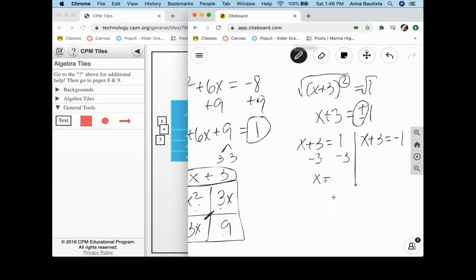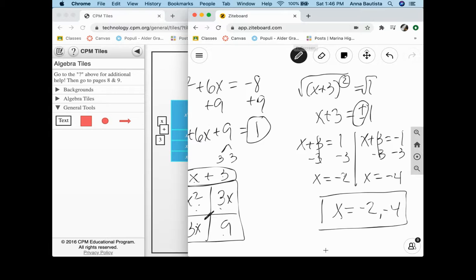We get x equals 1 minus 3, which equals negative 2. Then subtract 3 from both sides again: negative 1 minus 3 equals negative 4. So therefore, our x values, or our zeros, are negative 2 and negative 4. And that's your final answer.